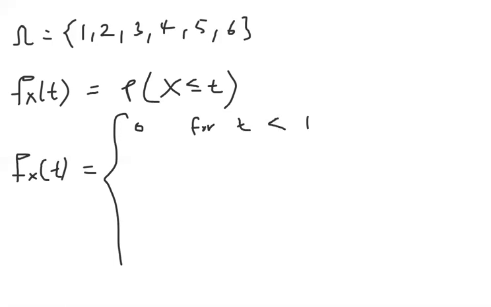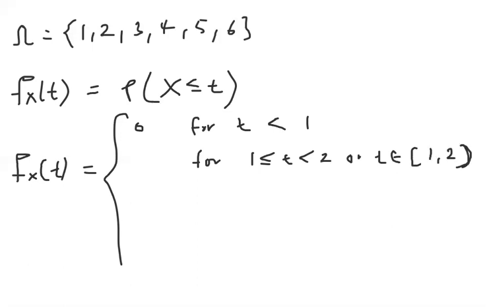So what if you throw the die? What is the likelihood for t less than or equal to 1? The next one becomes, for 1 less than or equal to t and t less than 2, or it can also be written as when t belongs to 1 with 2 not inclusive.